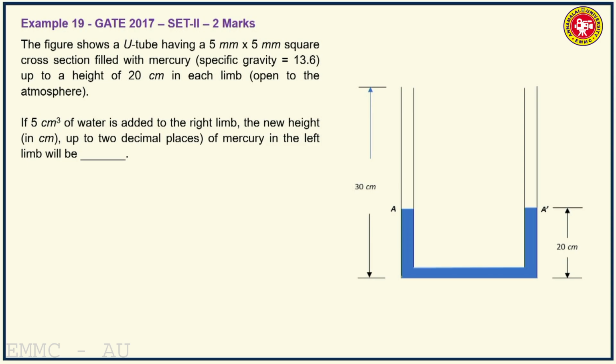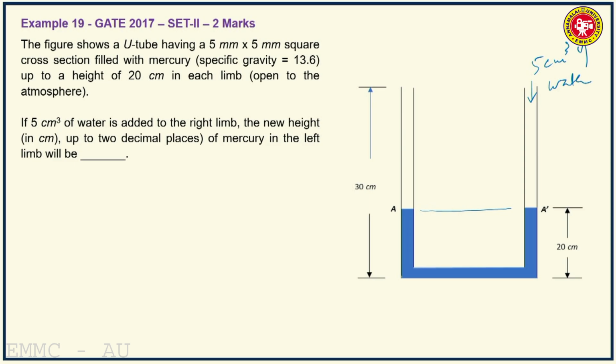So initially, see A and A dash are in the same horizontal plane, and the height of mercury in each of the 2 limbs, left limb as well as right limb, is 20 centimeters. Now if you are adding 5 centimeter cube of water to the right limb, what will happen?